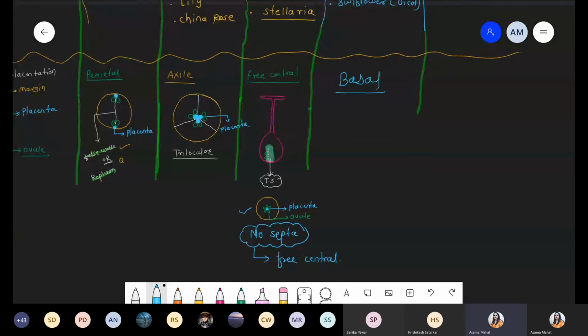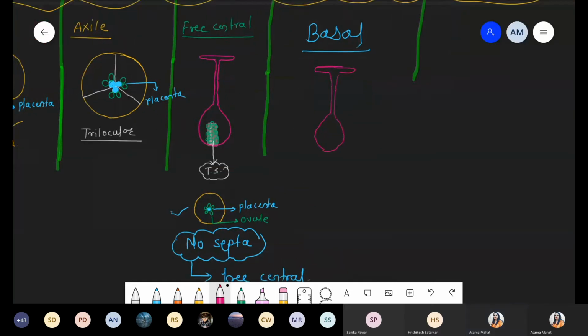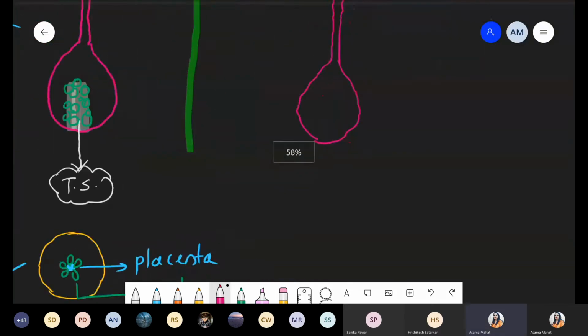So I will try to draw the structure. Again, we draw the structure of stigma. Now these are the style, and at the base there is the ovary. Typical structure of a simple carpel.